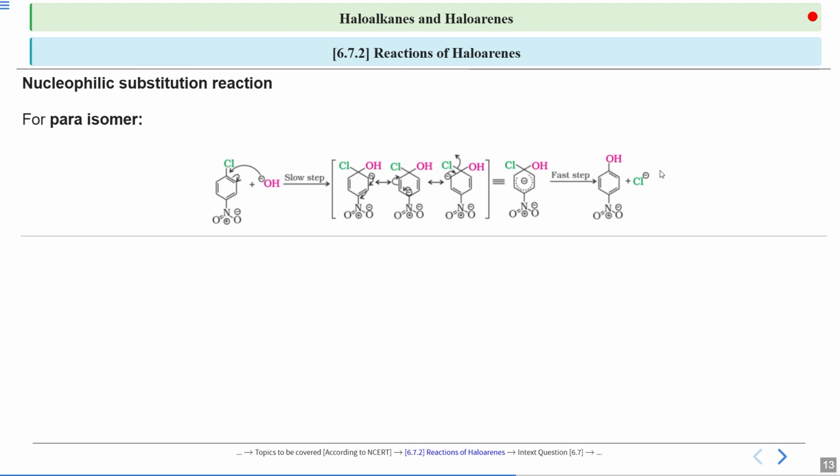So after the removal of chloride ion, you will get your phenol product. Okay, so this is the case where at the para carbon you have nitro group. So we have seen when the nitro group or electron withdrawing group is present at ortho position, and then when it is present at para position.